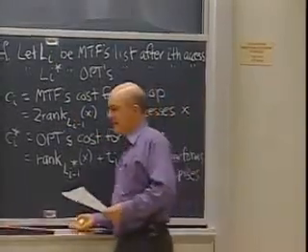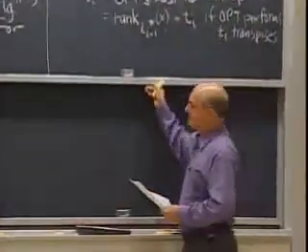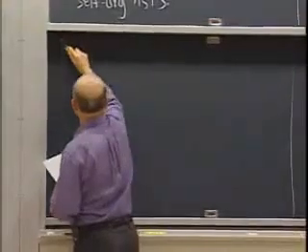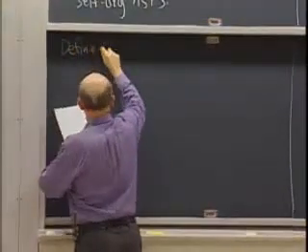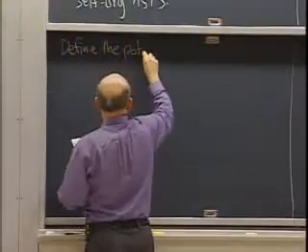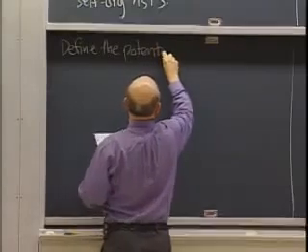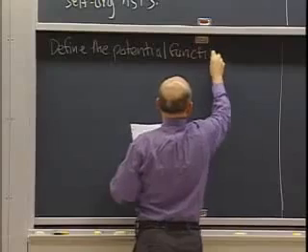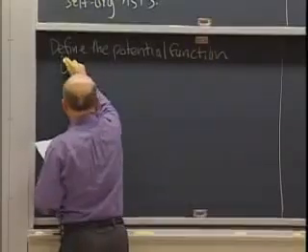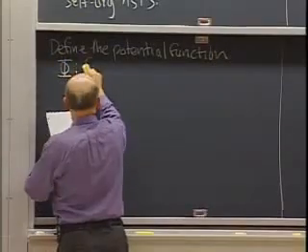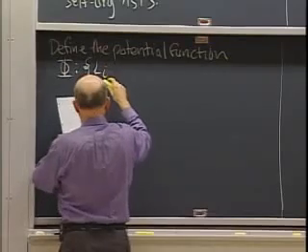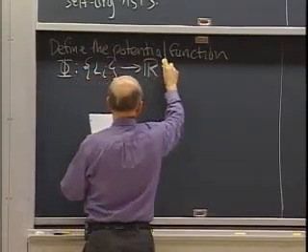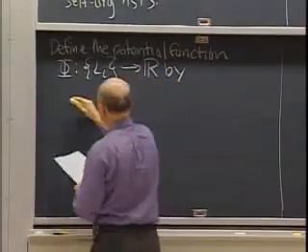Okay? And the idea is that, so let's define that, and then we'll take a look at it. So we're going to define a potential function phi mapping the set of MTF's lists into the real numbers by the following.